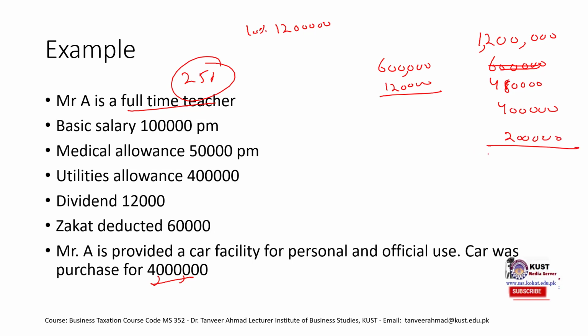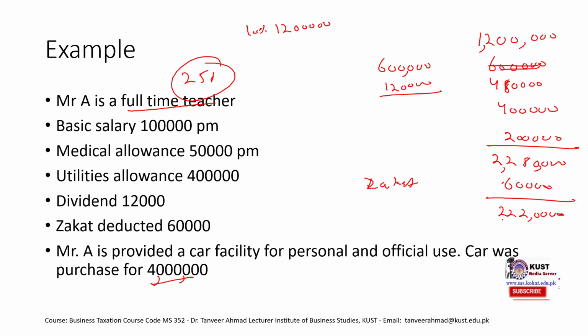So the total income would become 22,80,000. We would have to less the deductions, which is zakat, which is 60,000. We are left with 20,000 rupees.